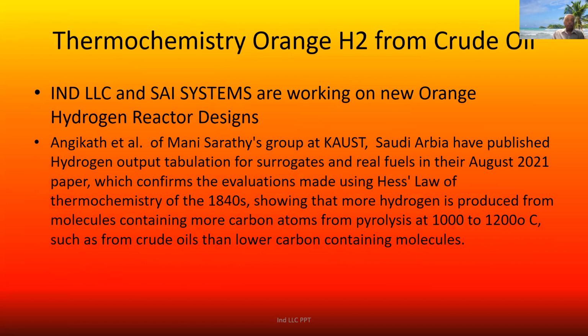Some may call it science, spelled S-I-G-H-A-N-C-E. It's not so. Recently, Manish Sarathi's group, Dr. Angikar and others from KAUST, Saudi Arabia, have published a tabulation of yields of hydrogen from pyrolysis taking place at 1000 to 1200 degrees centigrade, from surrogates of fuel oils compared with that of lower carbon containing molecules.